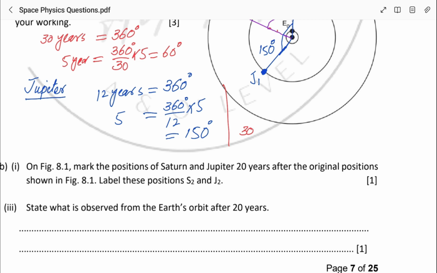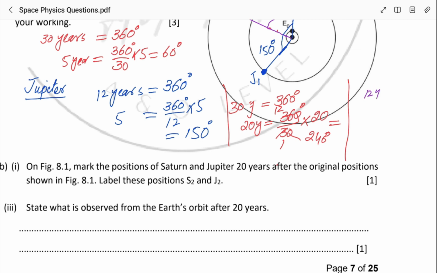For Saturn, 30 years is equal to 360 degrees. Now 20 years is equal to 360 over 30 into 20. This 0 is cancelled by this. 3 1s are 3, 3 12s are 36. So the answer is 240 degrees. Now for Jupiter, as its time period is 12 years, 12 years is equal to 360 degrees.